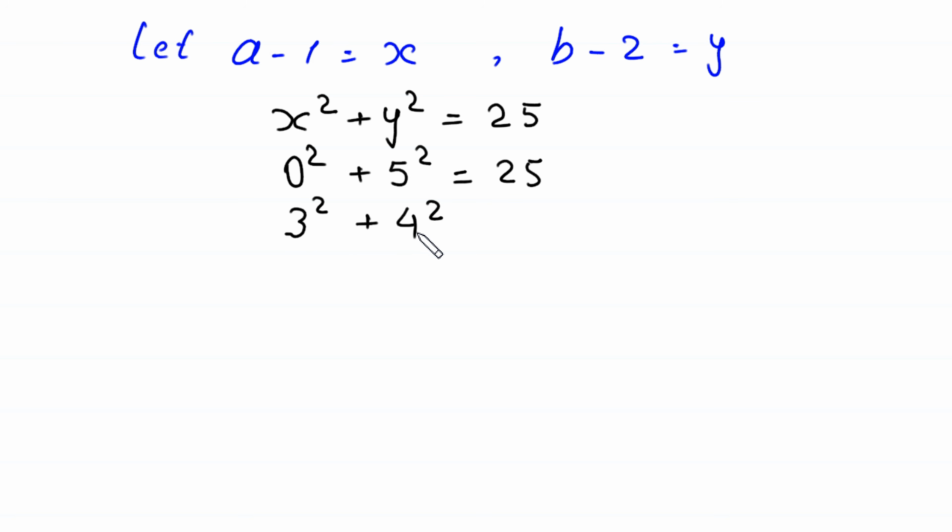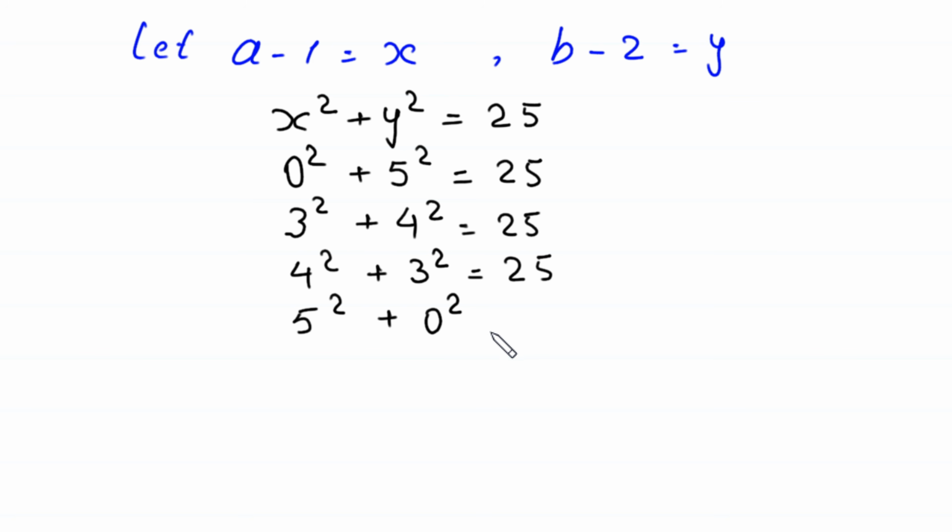So 9 plus 16 is 25. Next we write 4 squared plus 3 squared. Again this is equal to 25, and in the last we write 5 squared plus 0 squared, and this is equal to 25.